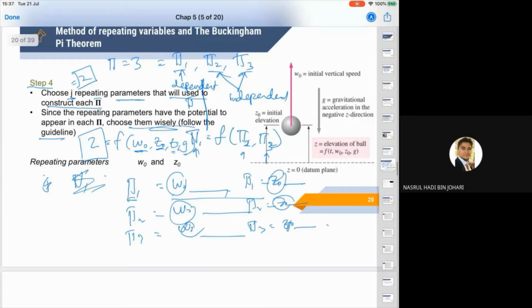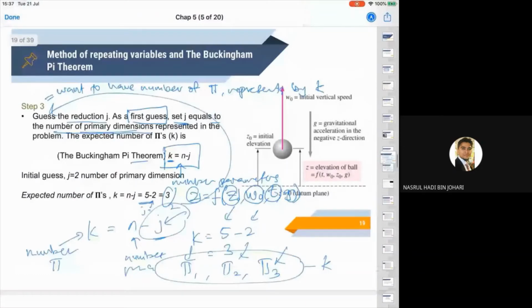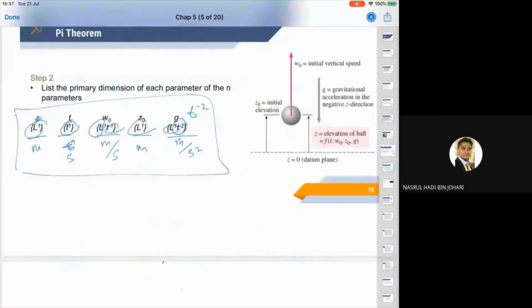Kita tengok kat sini. Okay, ada few things. WO and ZO, we choose WO and ZO first. ZO and Z are the same, so Z cannot be choose anymore, right? So we take out the Z and we take the ZO. How about T?